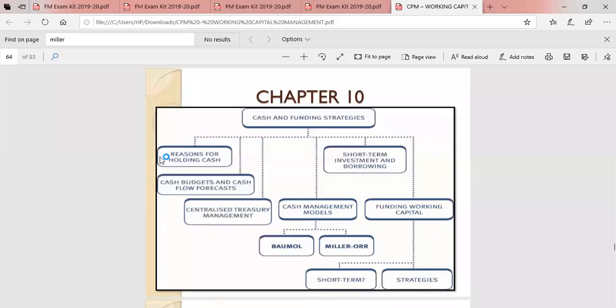Cash and cash equivalents are first in the order. In the last two classes, I have discussed that generally cash is not kept available in the business because cash in the form of cash does not give any return. So instead of keeping it as cash, either cash in hand, that is in the cash box, or cash at bank, they generally invest these cash amounts in some form of investment.